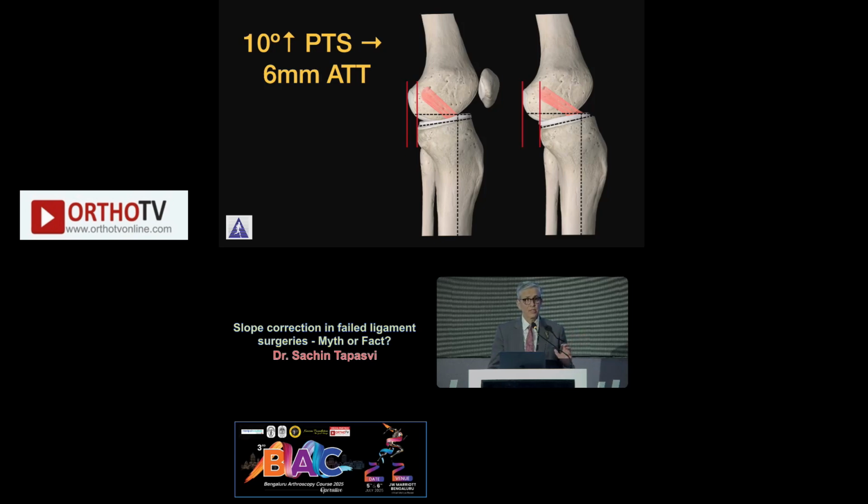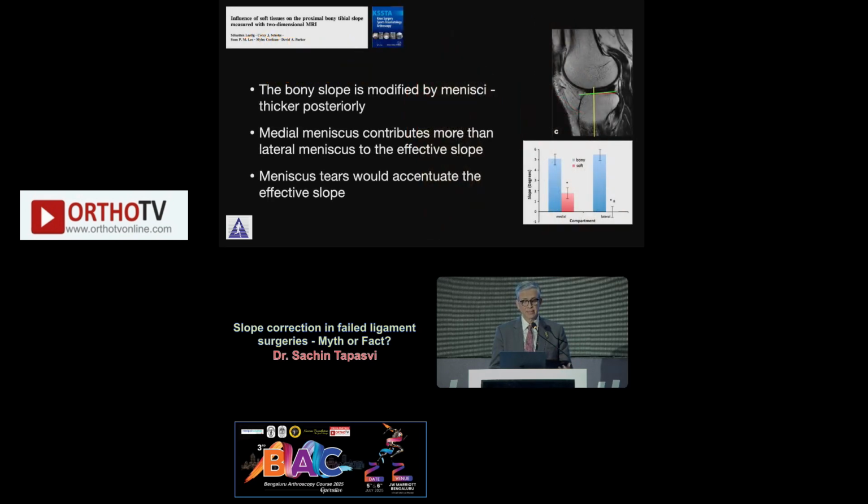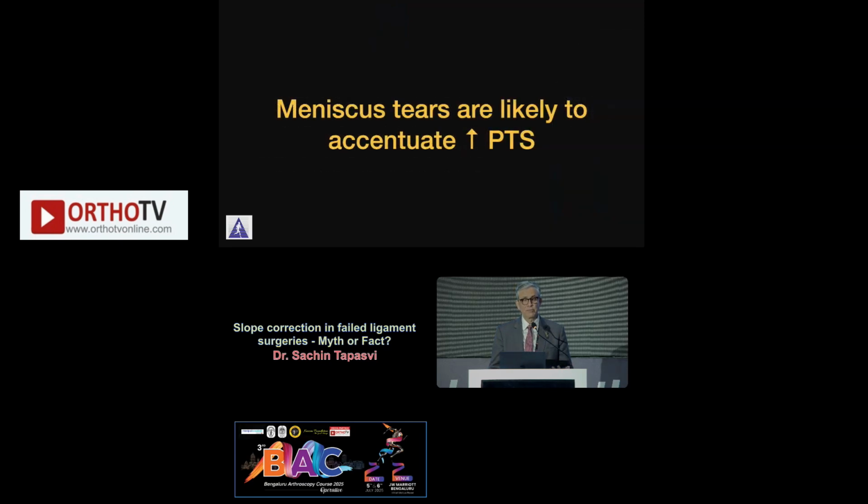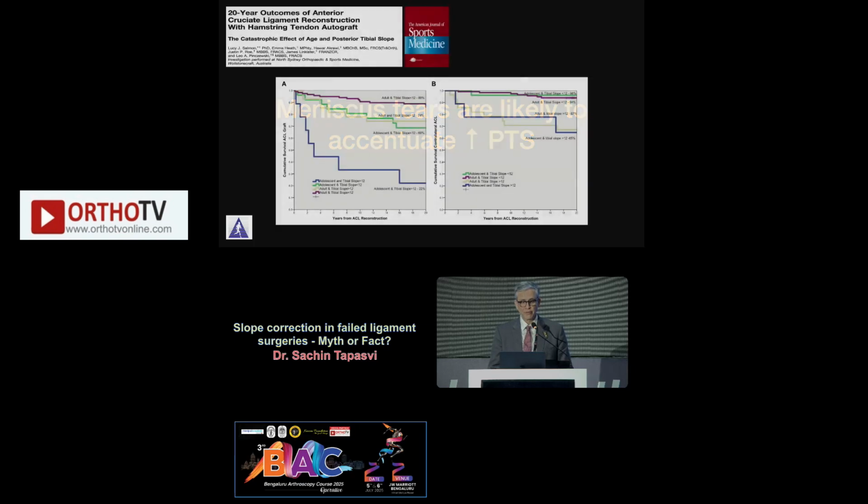This is, I think, the most important critical point: when you're evaluating your slope on your long leg standing X-ray, the slope evaluation is important, but you also need to see the amount of anterior tibial translation that there is. And again, if you have loss of the medial or the lateral posterior third meniscus, this is increased even further, because there's no soft tissue bumper left anymore.